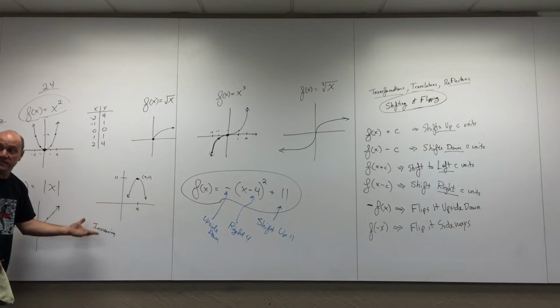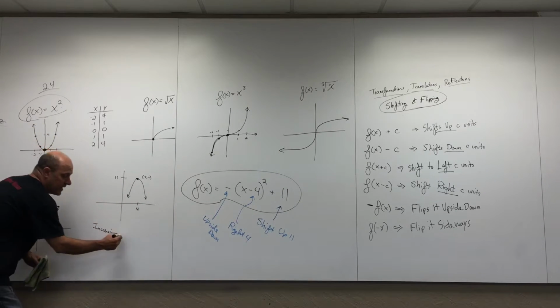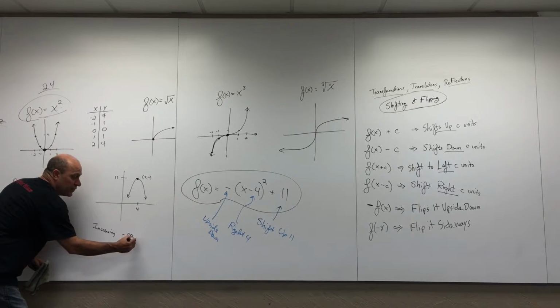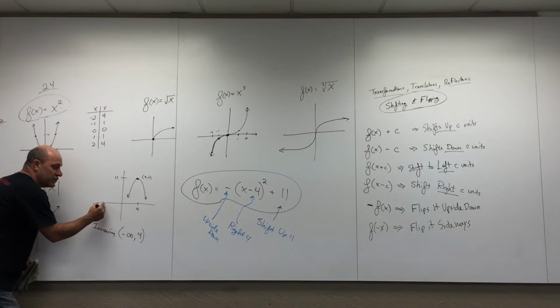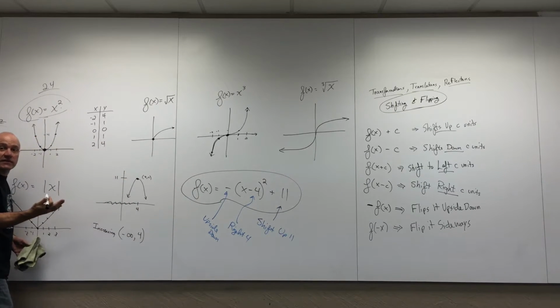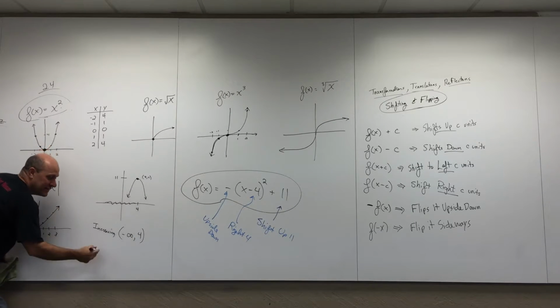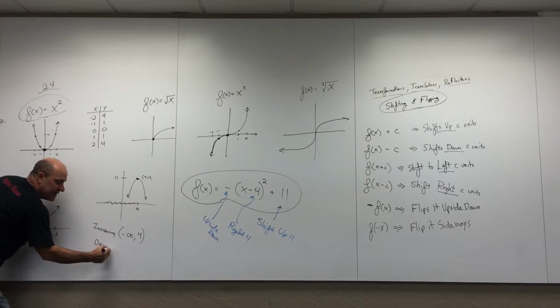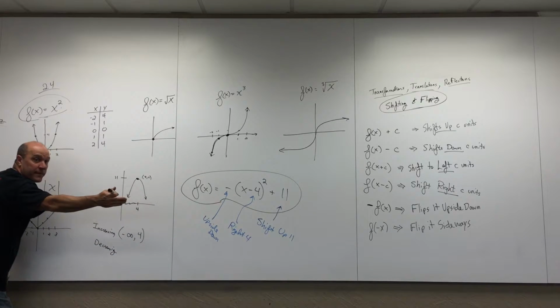So I would say it's increasing from negative infinity to 4. Those are the x values when it's on the rise, when it's increasing. That's how you say it. It's not that hard, but it takes a little thinking. What about decreasing? It's decreasing after 4.